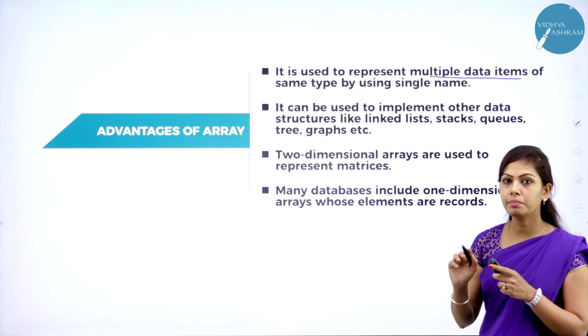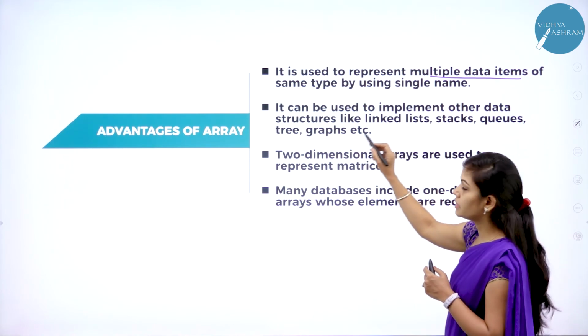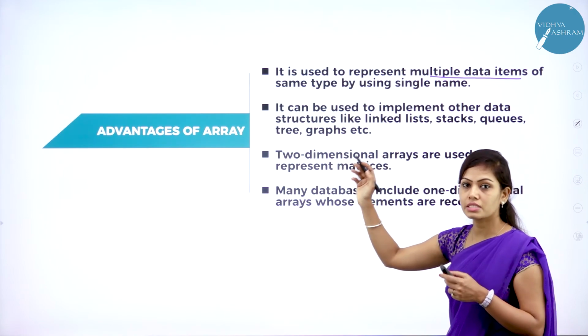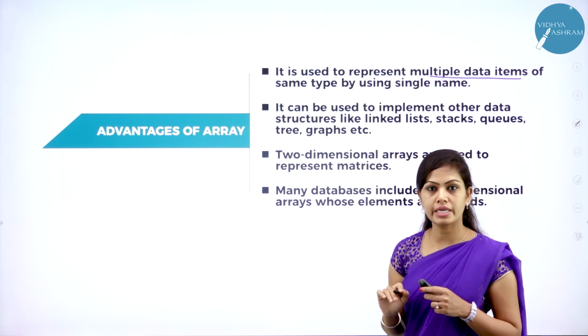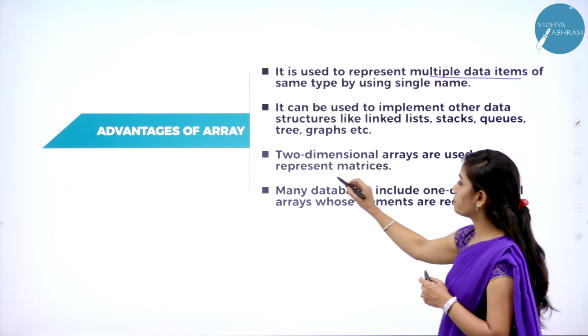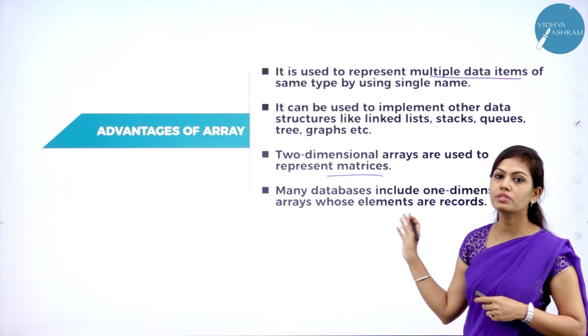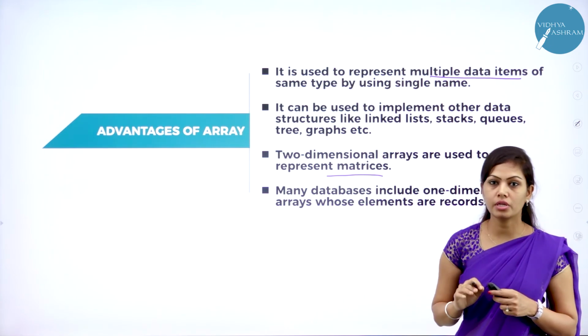It can be used to implement other data structures like linked lists, stacks, queues, strings, trees, etc. And two-dimensional arrays are used to represent matrices. For implementing matrices, we can use a two-dimensional array.